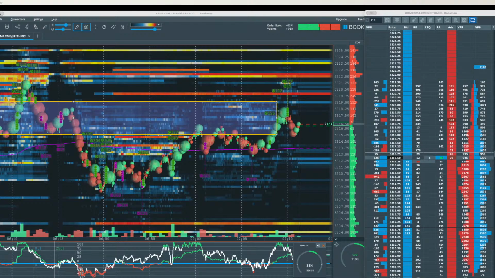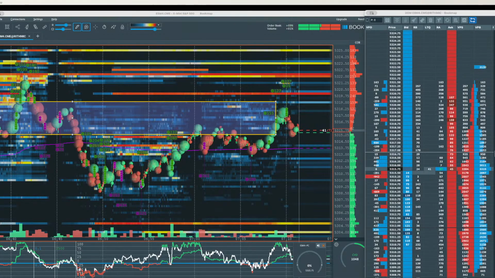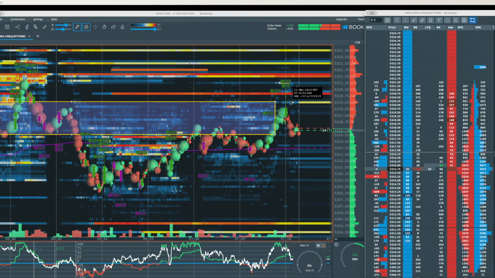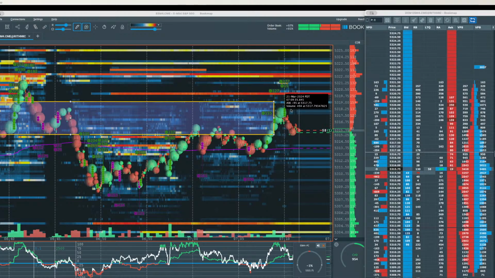Uh, 2-point risk. My stop's going to be right above this zone here, 1925, right about there. But I like all this push. They're not getting rewarded.